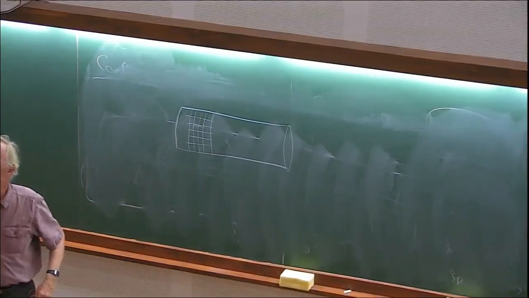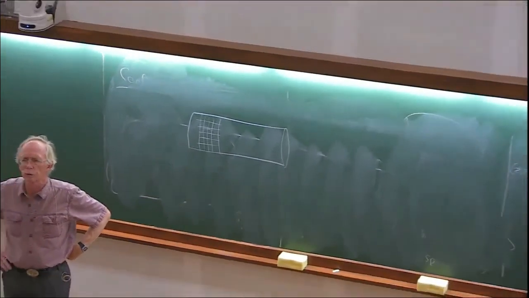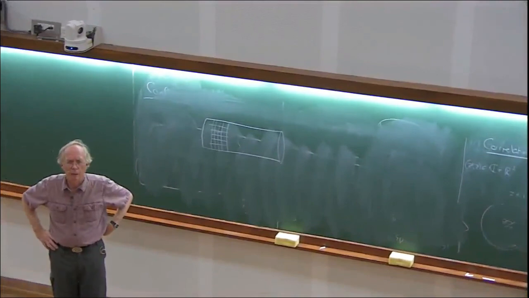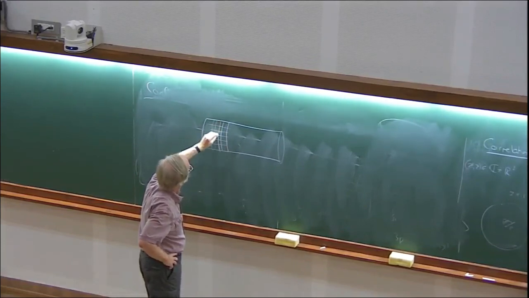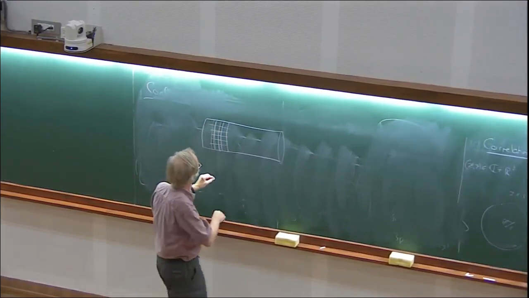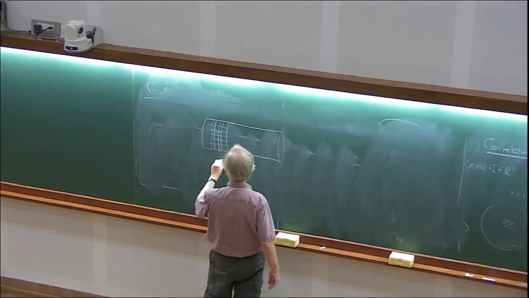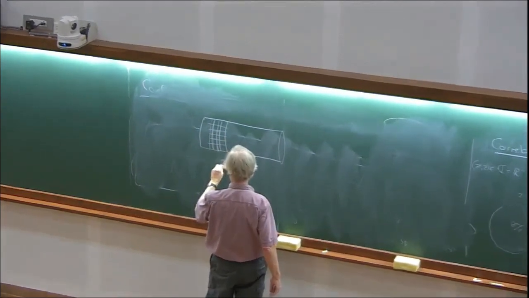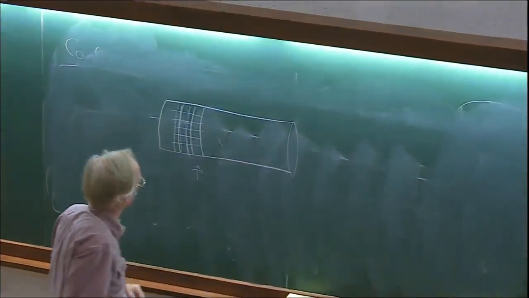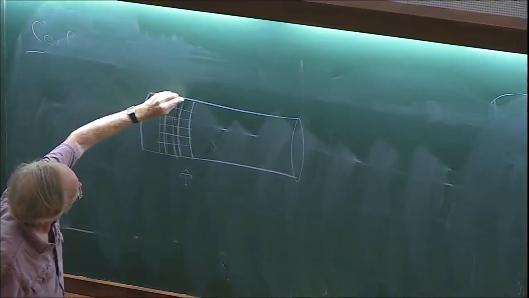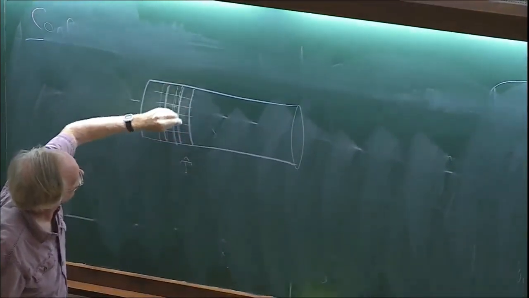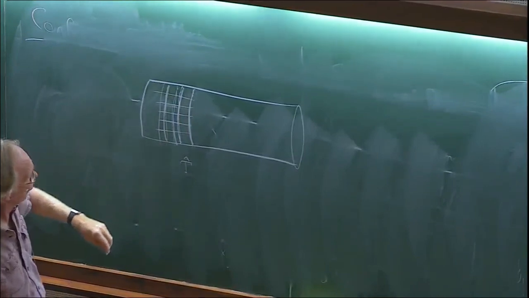Now, how many of you know about the transfer matrix in statistical mechanics? Okay, so you can think of building up the partition function on the cylinder by having a matrix which I call T, which takes us from one column to the next column.